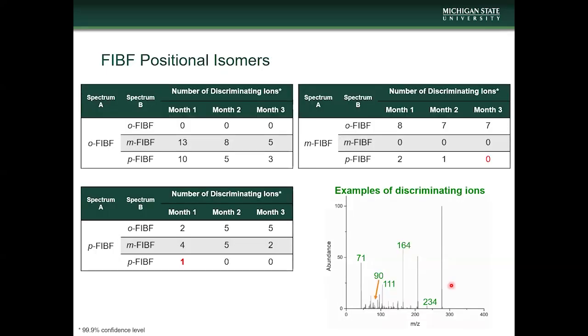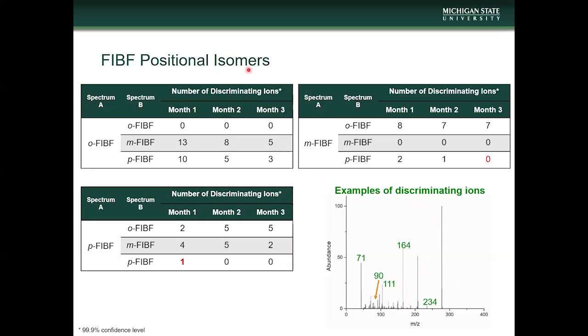So for the FIBF isomers, these data that I'm showing here were actually collected in 2019 on an instrument in the mass spectrometry core on campus at MSU. And this was one of our first looks at positional isomers. So we did collect these spectra over 3 consecutive months, and we did the comparisons.